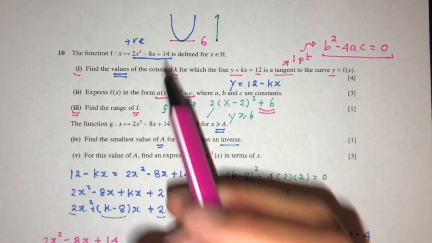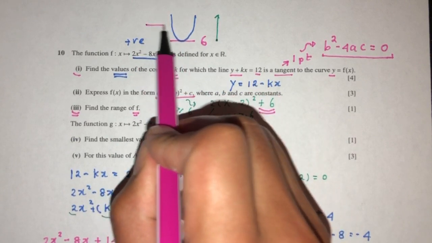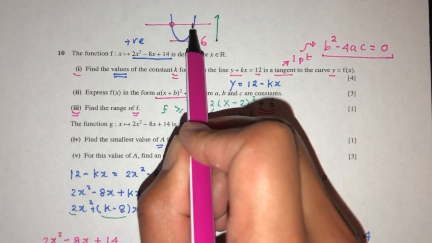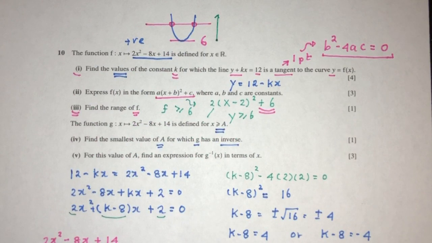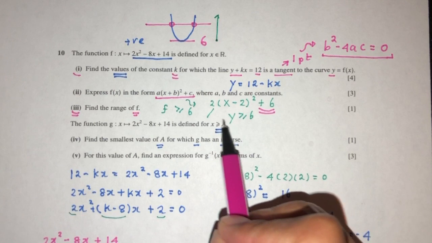For example here, as you can see, if I draw a line, I'll have 2 points of intersection. So it will not be a one-to-one function. Because of that, we don't have an inverse. What I can do to make this have an inverse is restrict the domain, or restrict the value of a.